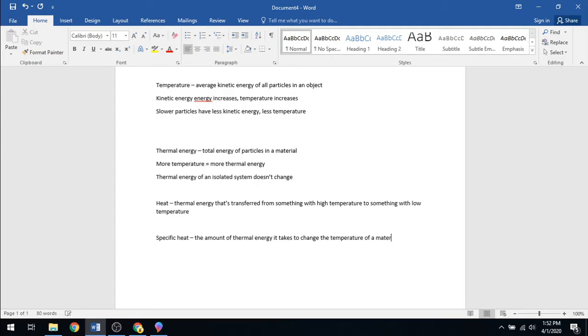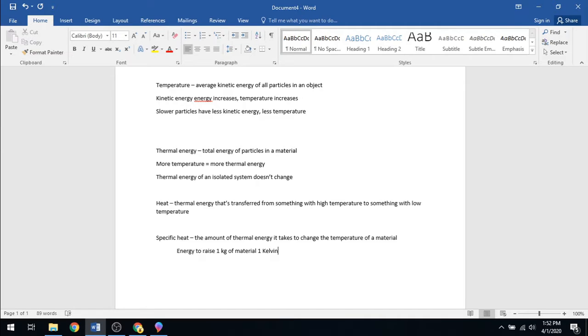So the super specific definition is the energy to raise 1 kilogram of material 1 Kelvin.